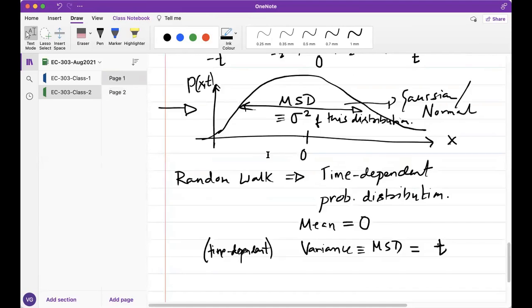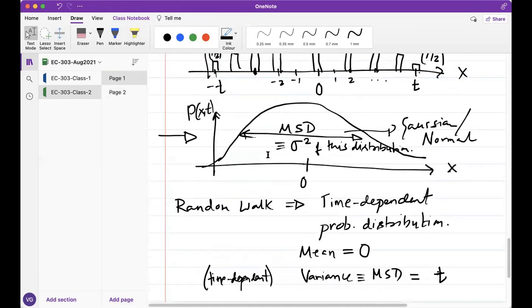Since the random walk is a time dependent distribution, can you also formulate it as Poisson distributed, like the probability of finding the organism at a given place would be Poisson distributed, right? Why should it be a Poisson distribution?